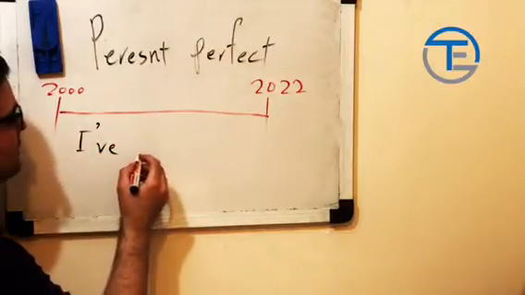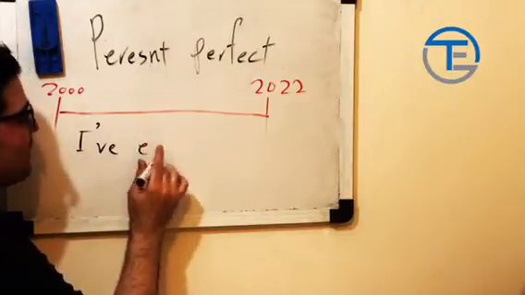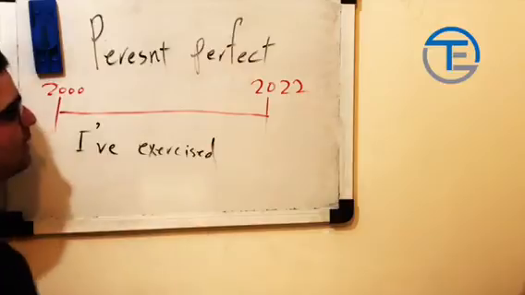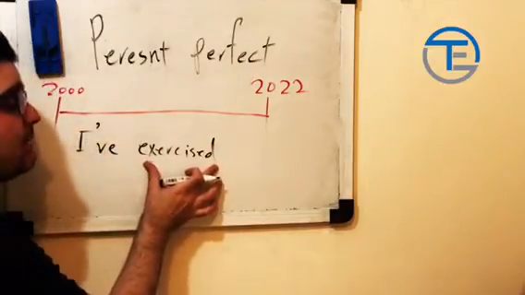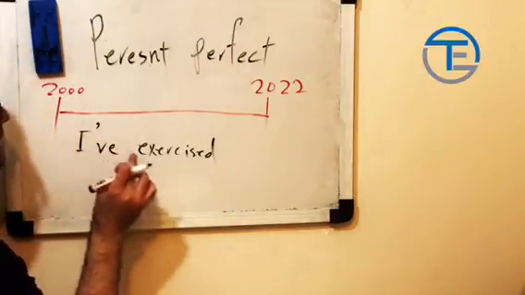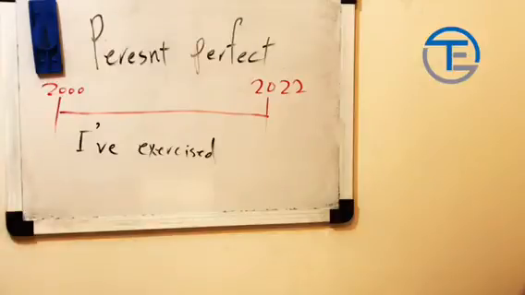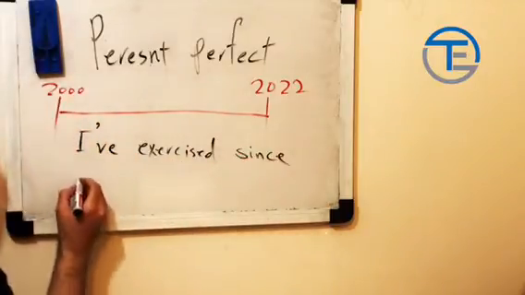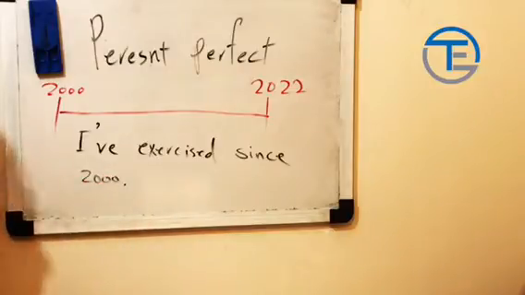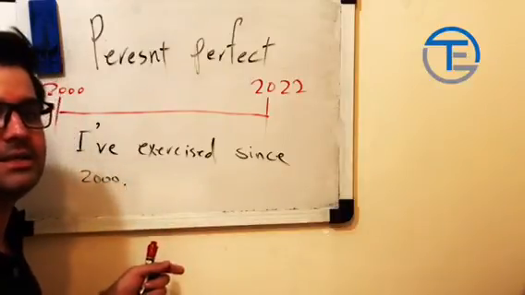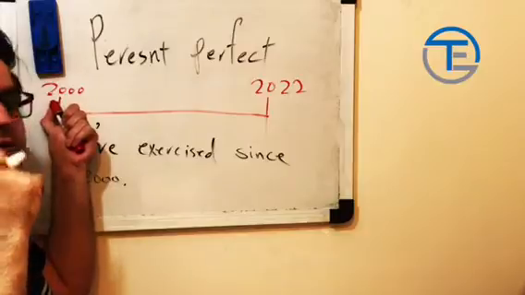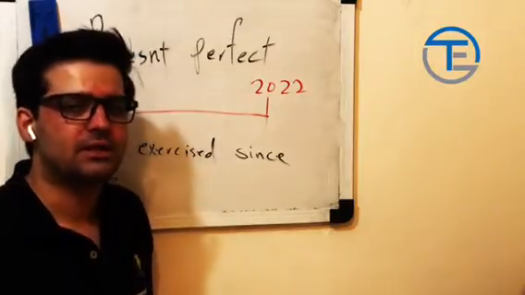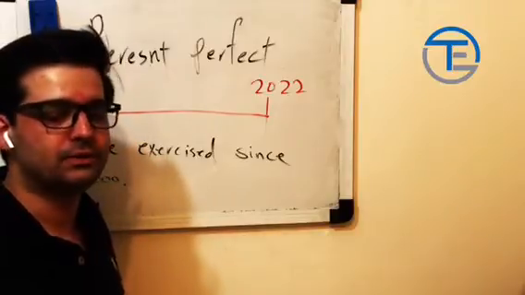I've is a contraction. Here you have to write the past participle of a verb. Exercised. It's past tense, correct? And the past participle is exercised. I've exercised. Now here you can say since 2000. If you write present perfect, it means you started from 2000 until now, that you can see we're in August 2022.